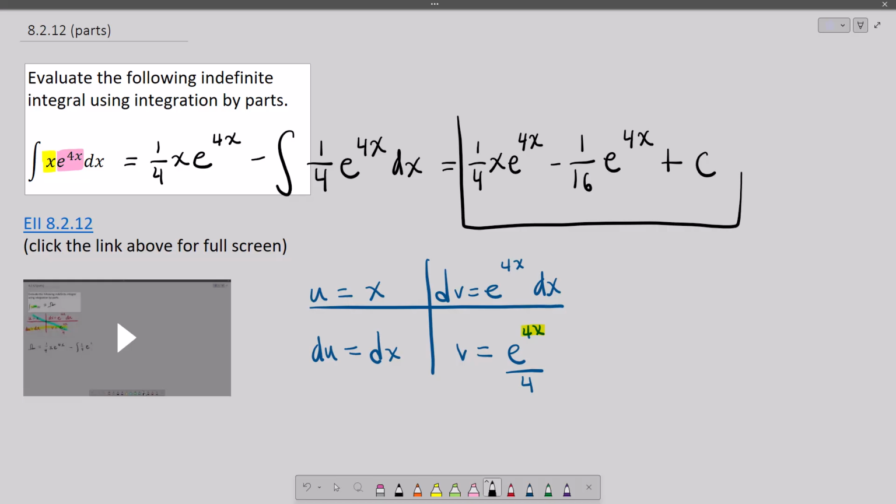Don't forget your plus c. No need losing points for not putting the plus c. So that is probably pretty routine integration by parts. Nothing too weird there.